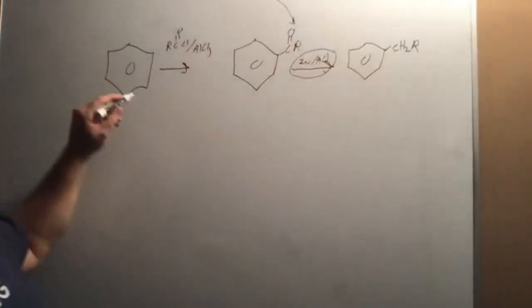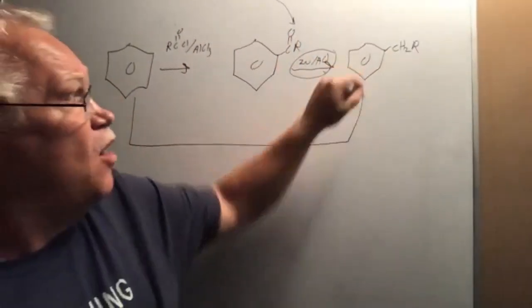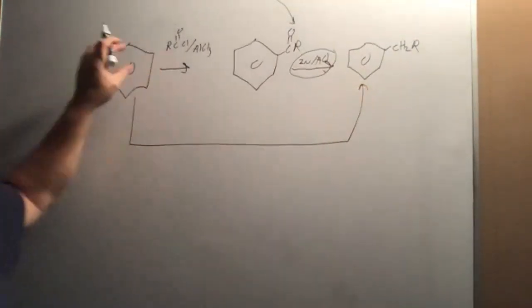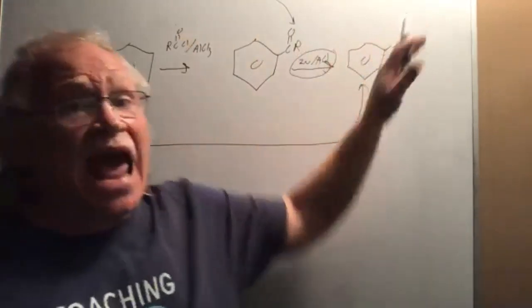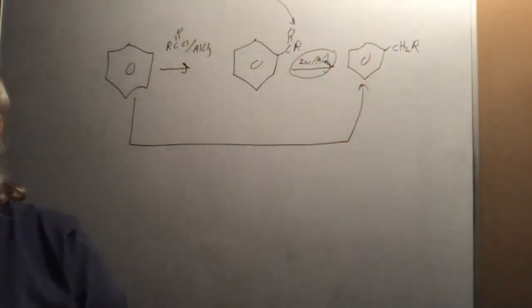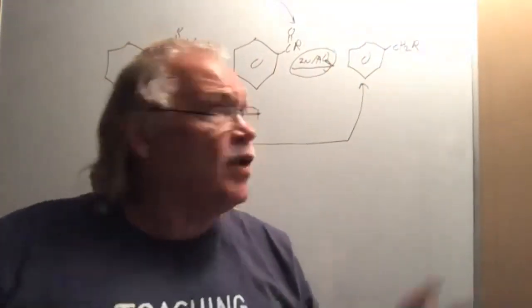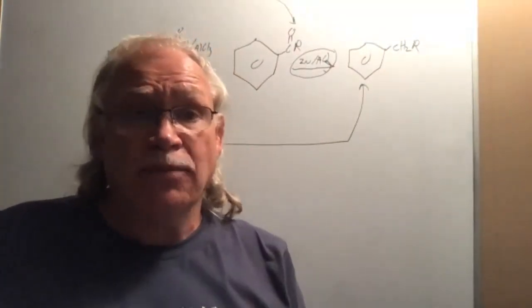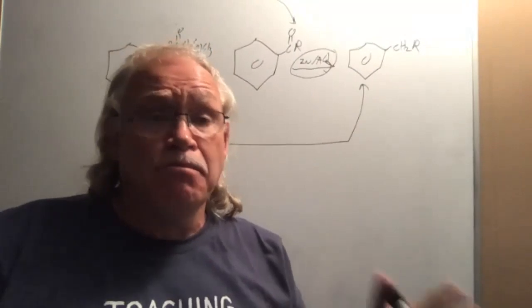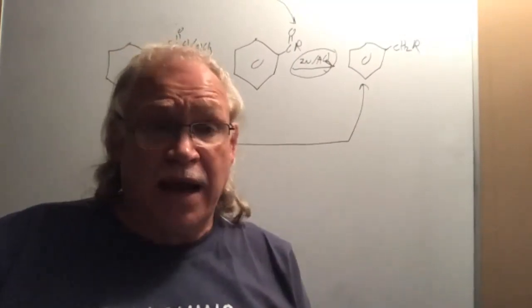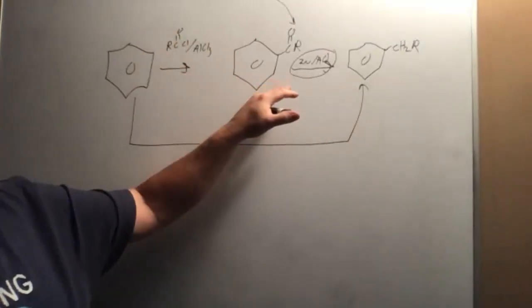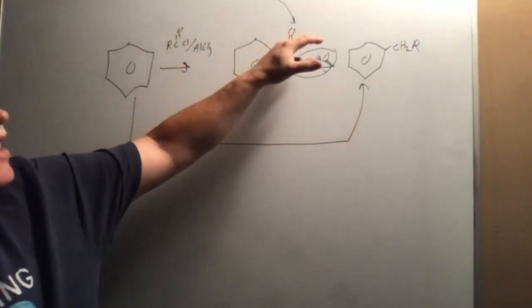Now notice the overall group. The overall reaction is that we have taken an aromatic ring and added an alkyl group to it, but we have avoided any rearrangements in the R group by doing it in two steps. We have avoided polyalkylation reactions because in the first step, we only get one group since it's a deactivating group.